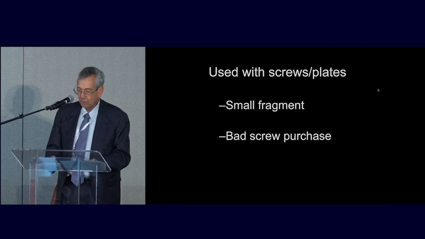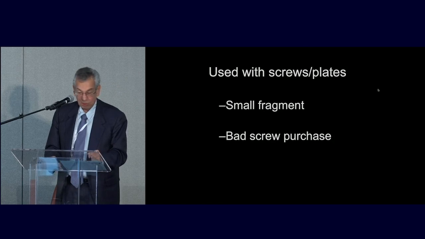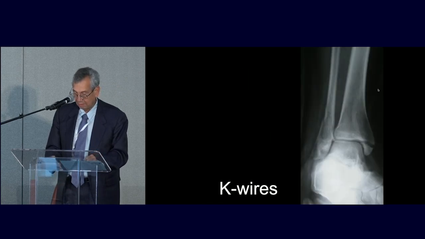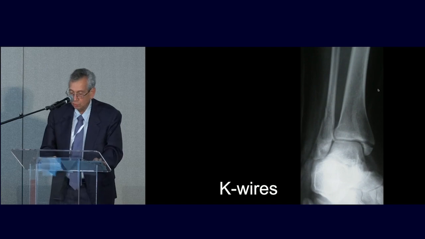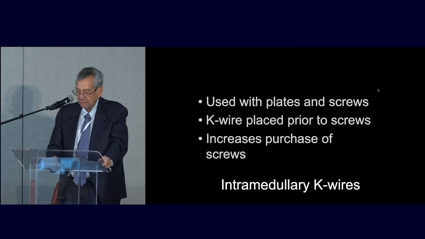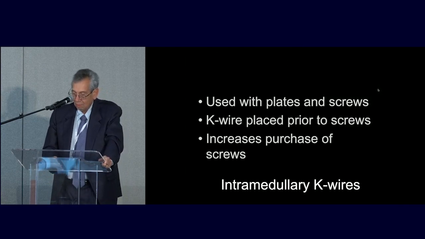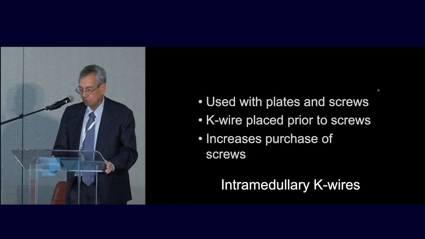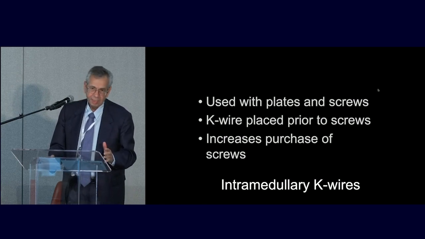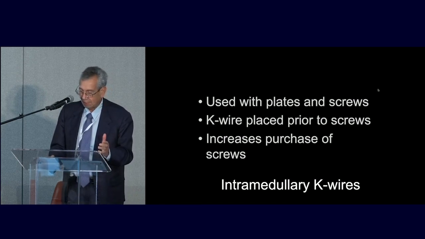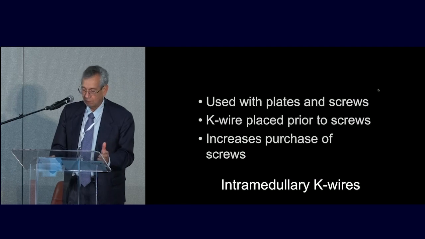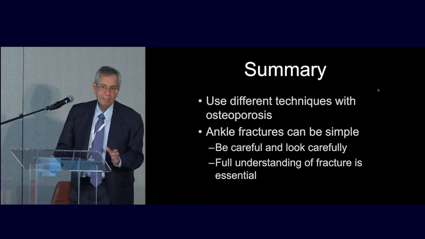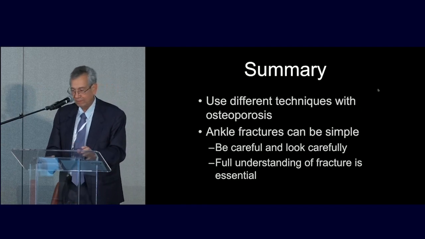We can use screws and plates with the small fragments and bad screw purchase. Also, we can use K-wires, with plates and screws. The K-wires placed prior to screws increase the purchase of a screw. The intramedullary K-wires are good to help the other implants in order to have a better fixation.